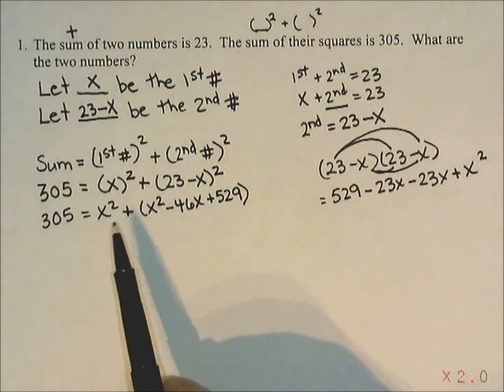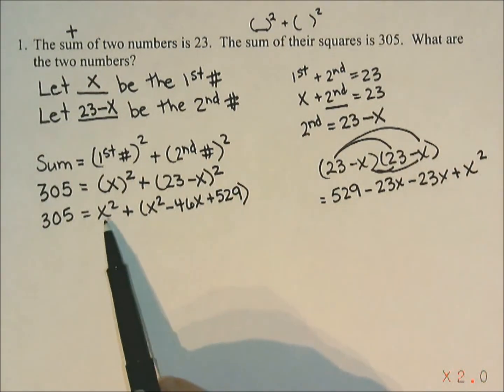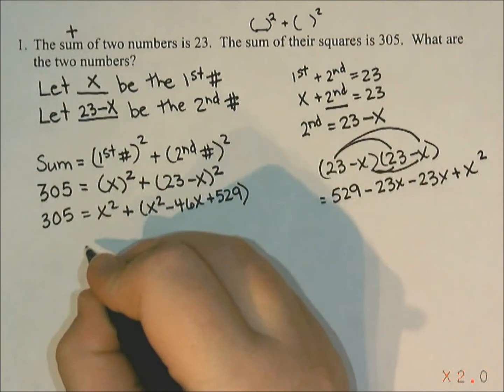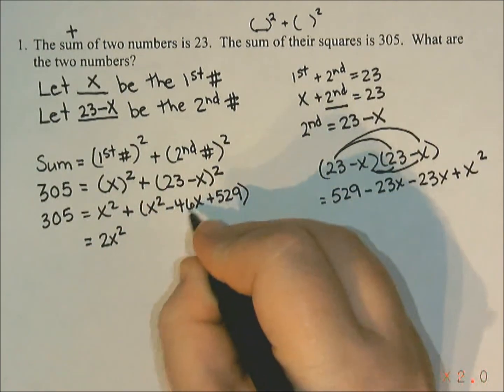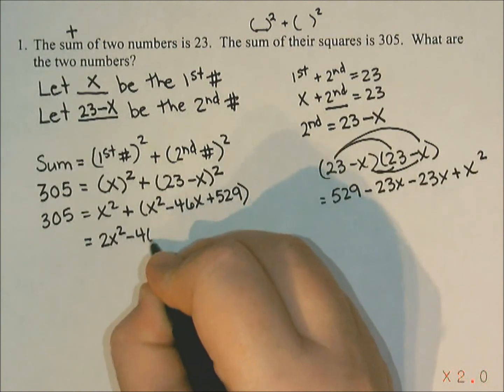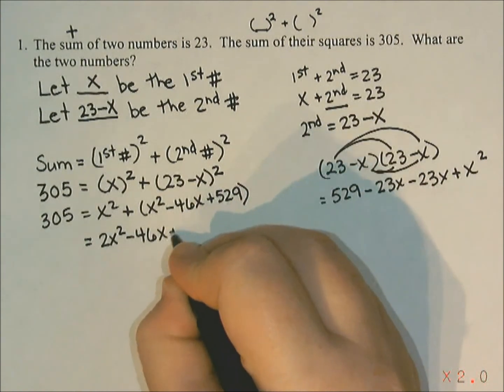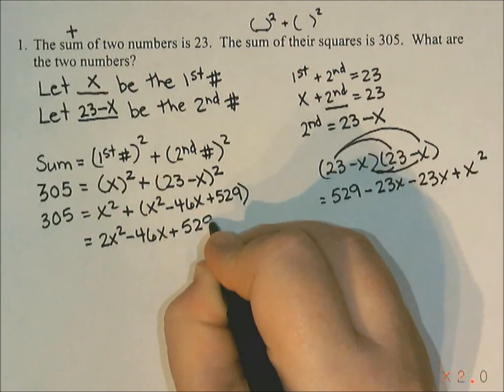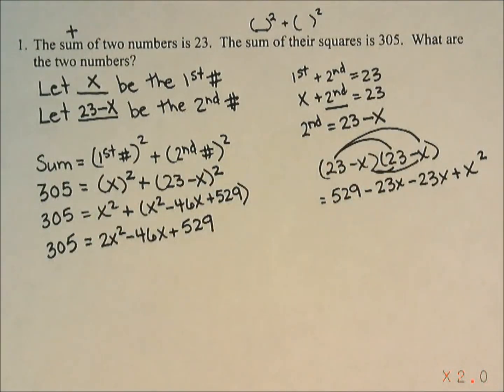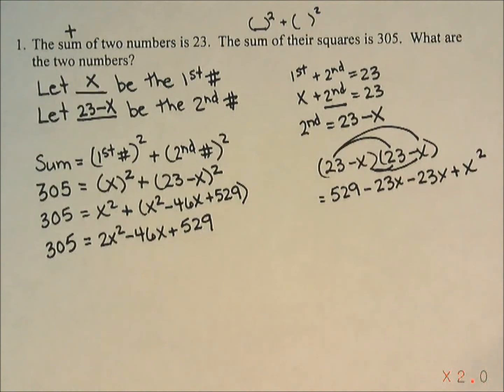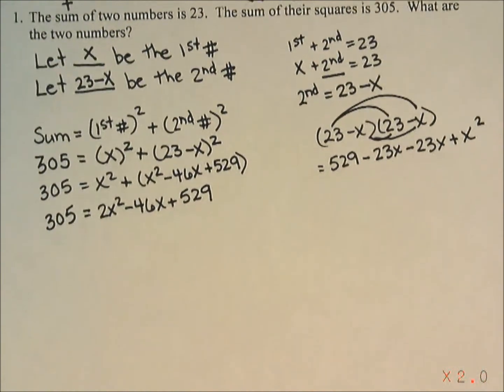All right, so I'm going to collect up my like terms here. x squared plus x squared is 2x squared, minus 46x, plus 529. That's equal to 305. And then if I want to do anything with this, I really need all of the terms to be on the same side.